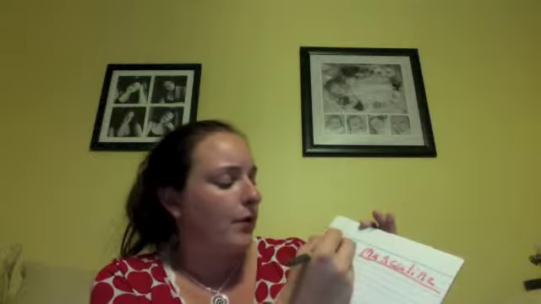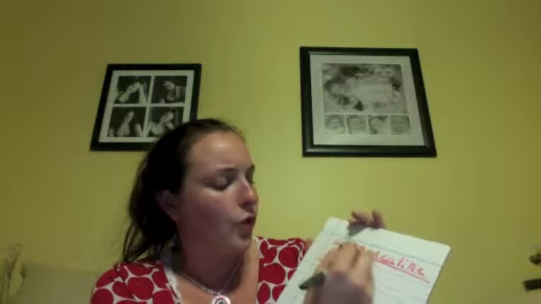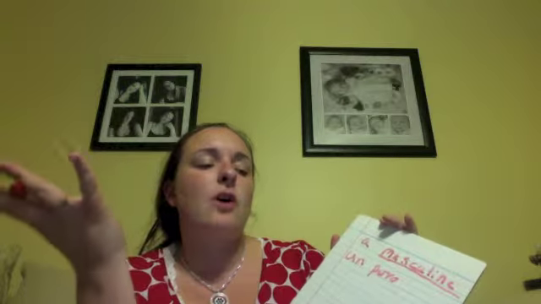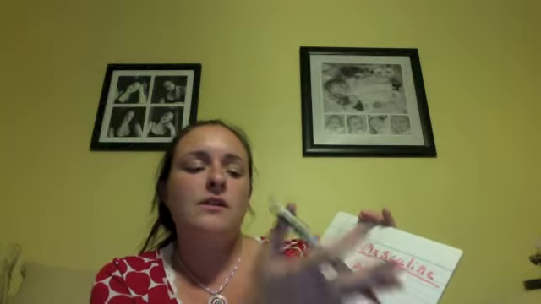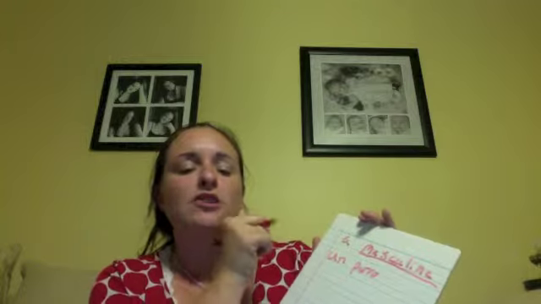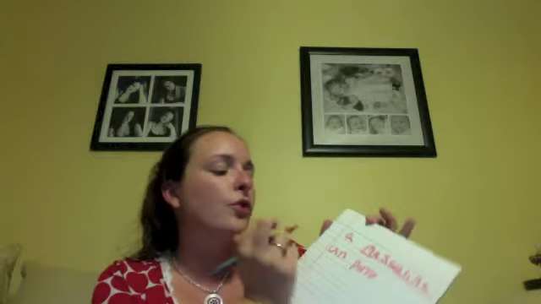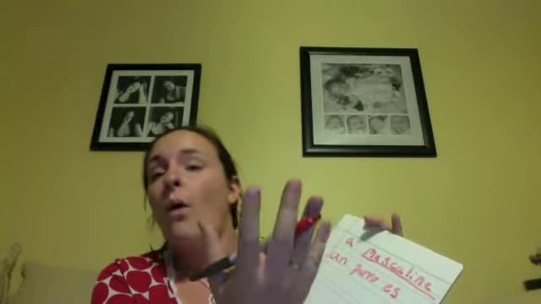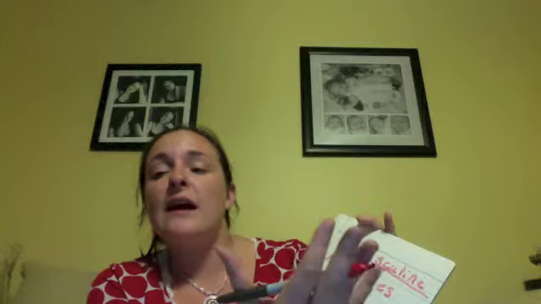Your example is un perro. So just a dog. Not my dog. Not the dog that's in this room. Just a dog. Un perro es. So a dog is... What would be a good adjective for a dog that you guys know how to say?